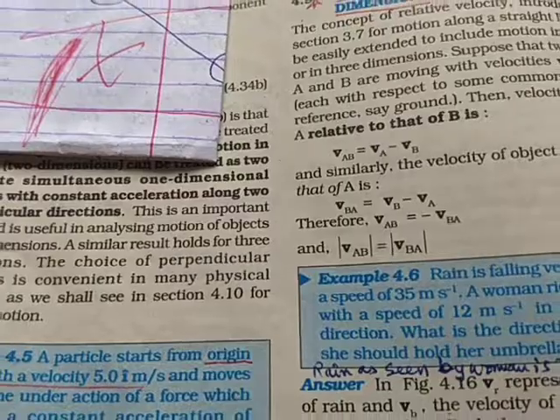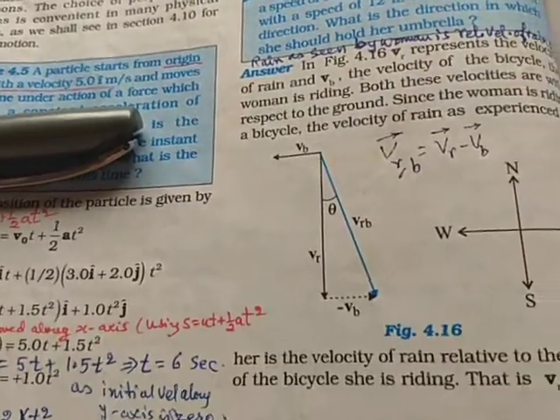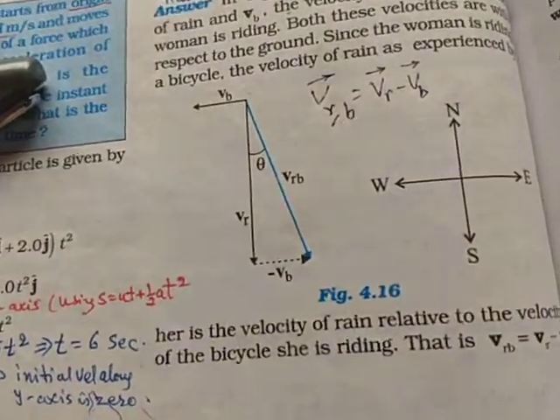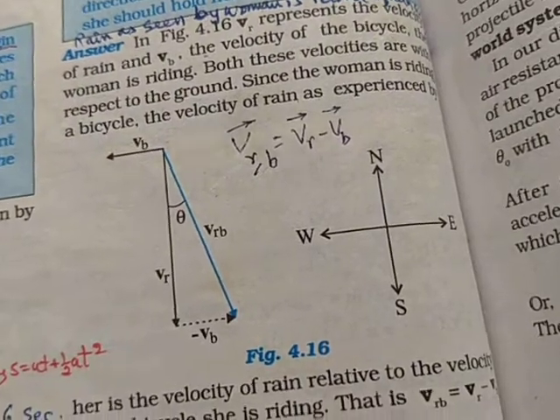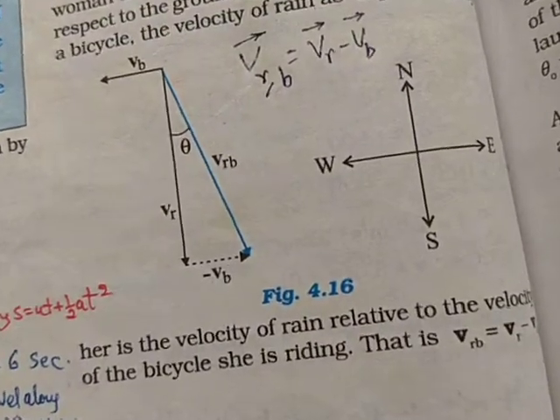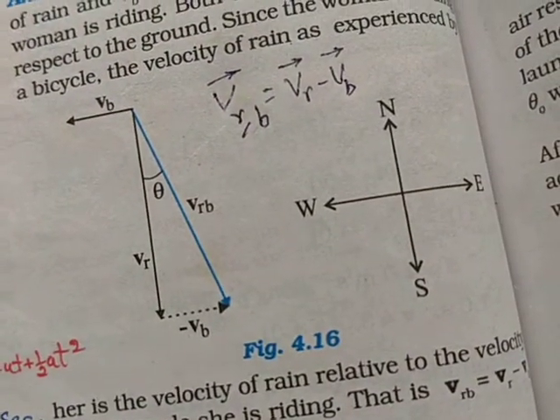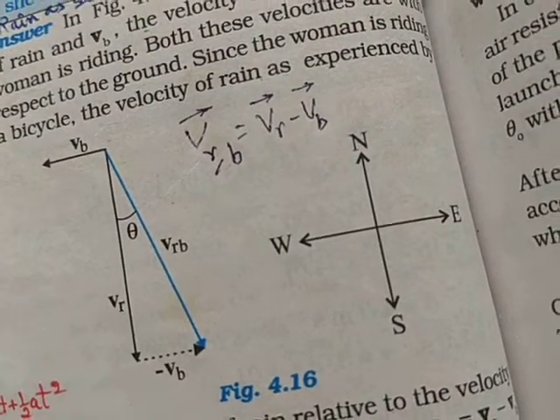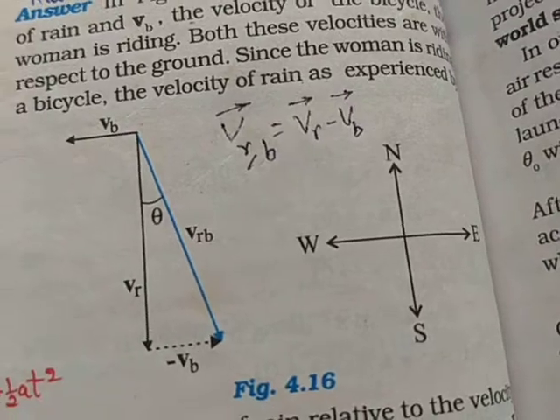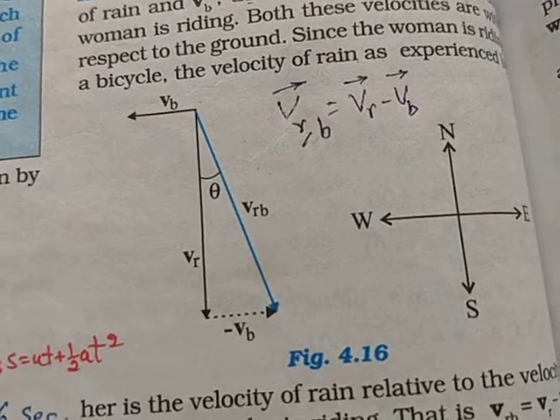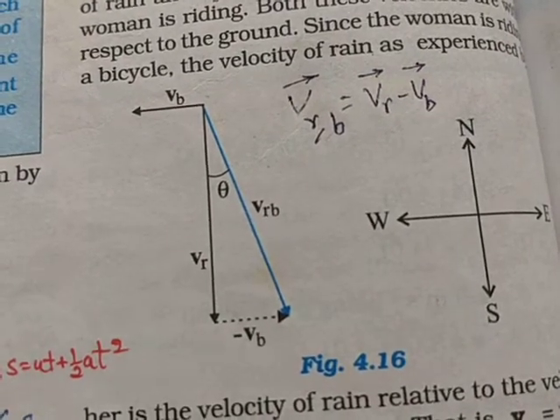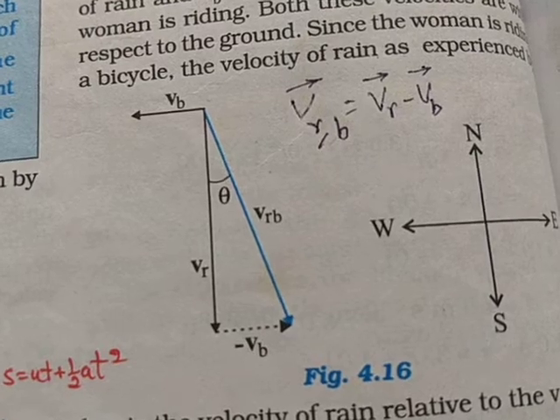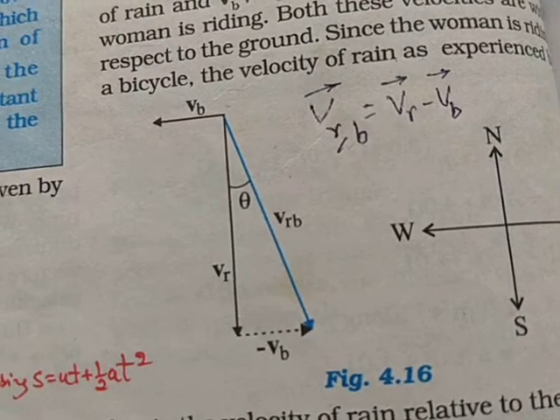So what we are doing is we find the value of minus VB by inversing the direction, and then finding the resultant, that is VRB. That will give us the relative velocity of rain with respect to the bicycle, that is the woman, and that will be the direction in which the rain appears to be falling.